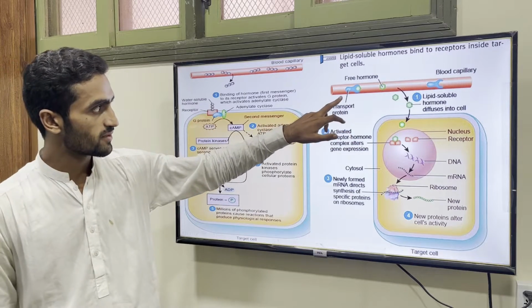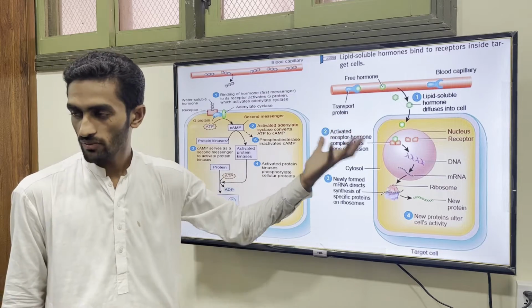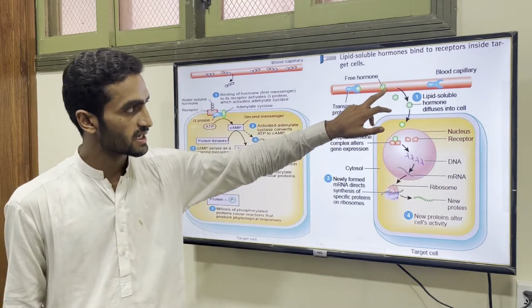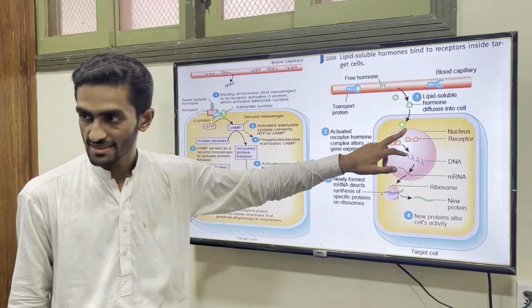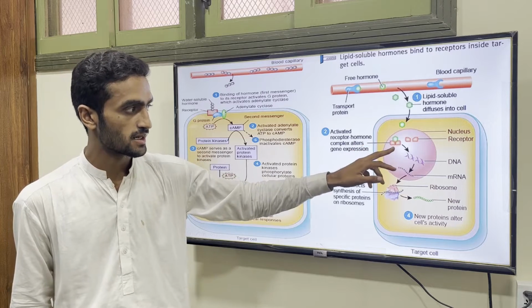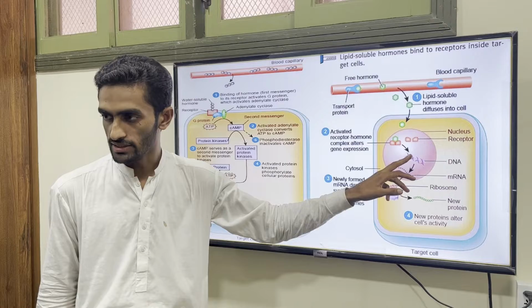Okay, so let's see. Here are the lipid, steroid, and amine nature hormones. If you follow the picture, here is a blood vessel where the hormone is moving. When they come out of the blood, they cross the cell membrane. Their receptor may be present in the cytosol or in the nucleus.